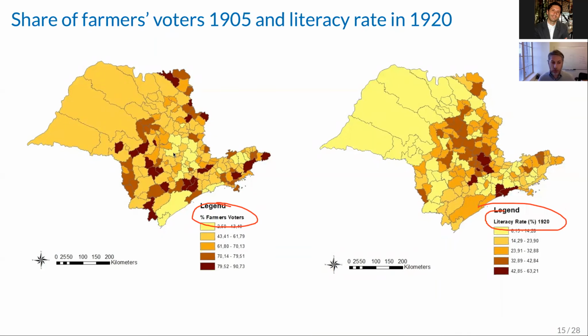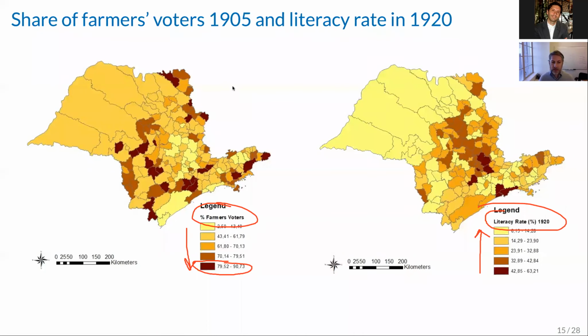The more farmer voters you tend to see in the darker areas, the lighter you tend to see it here, in the sense that there seems to be less education in places where you have darker and more farmer votes, if you look at the right and the left.